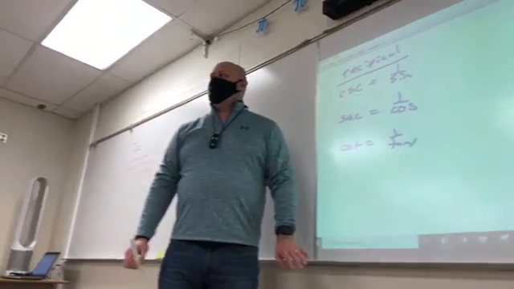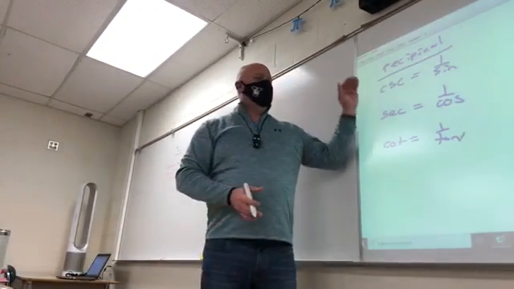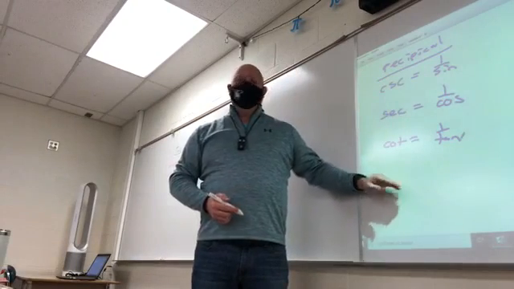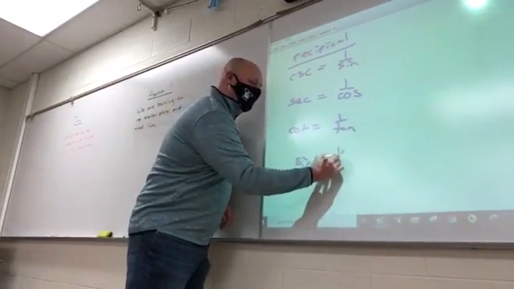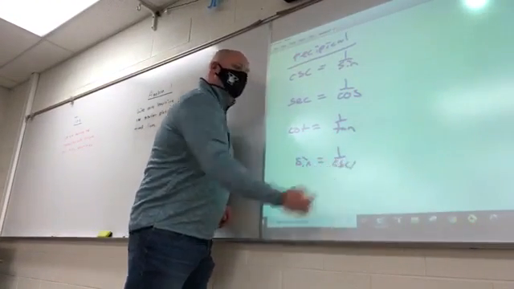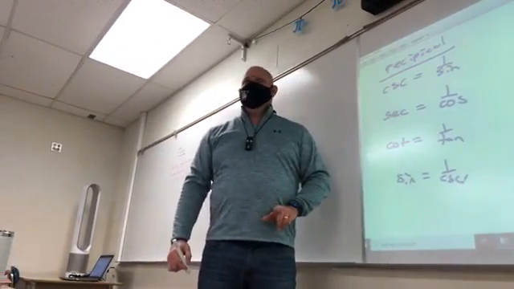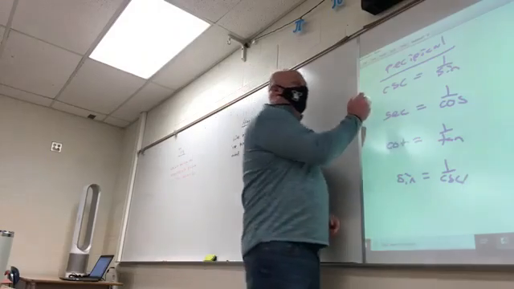Now, why did they not keep this list going and say that sine is equal to 1 over cosecant? Because that is an absolute fact. Huh? It's already right here.